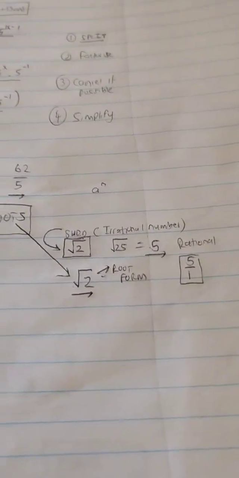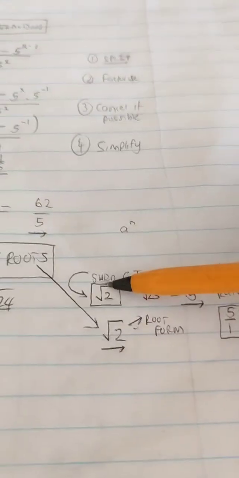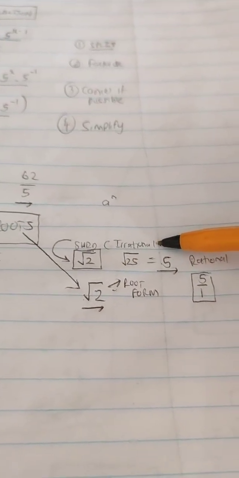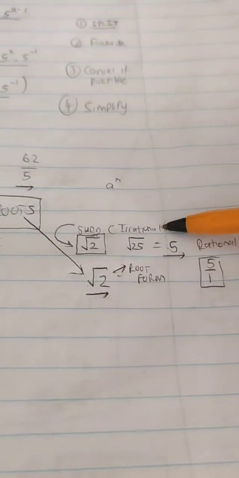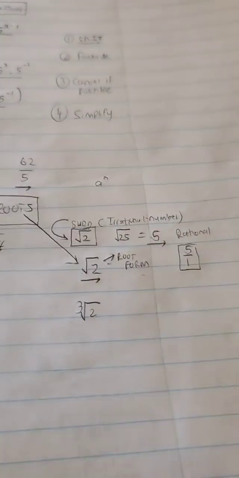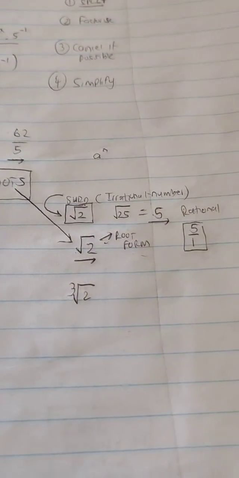I hope you are hearing me here. So what did I say initially? What is a surd? A surd is an irrational number. Then I said to you, our surd is written in which form? In root form. So for instance here, what do we have? A square root. What is this? It is a cube root. Does that make sense?